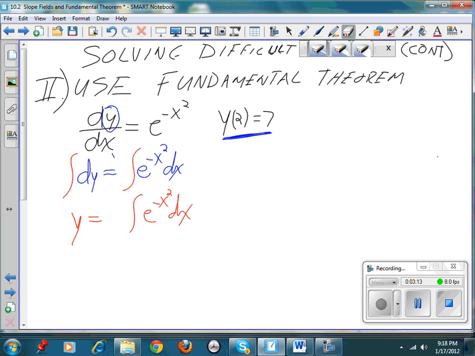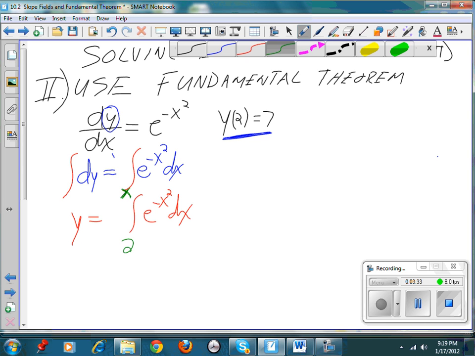I'm going to integrate this from 2 to x. Okay, so I'm going to say y, I don't have an explicit algebraic expression, but I'm just going to say it's equal to the integral of this.